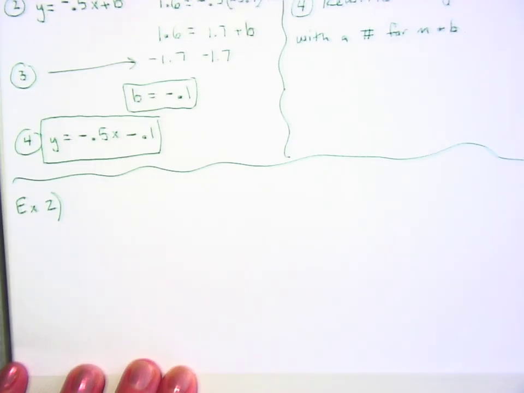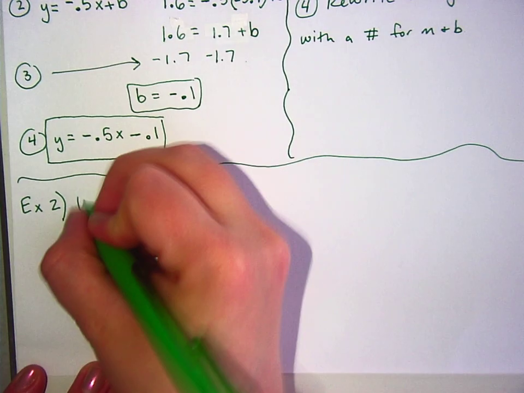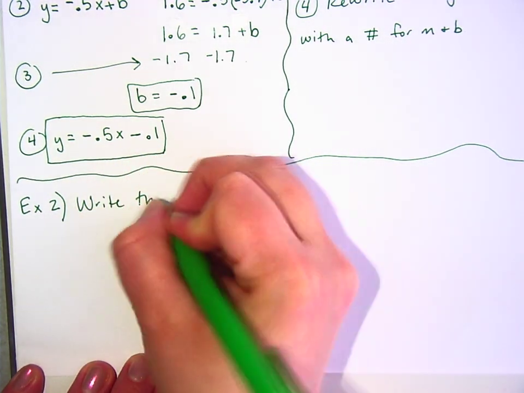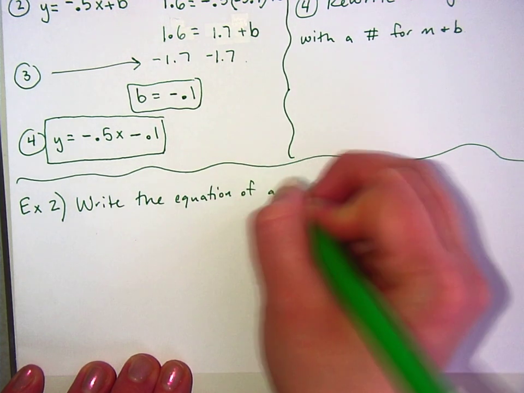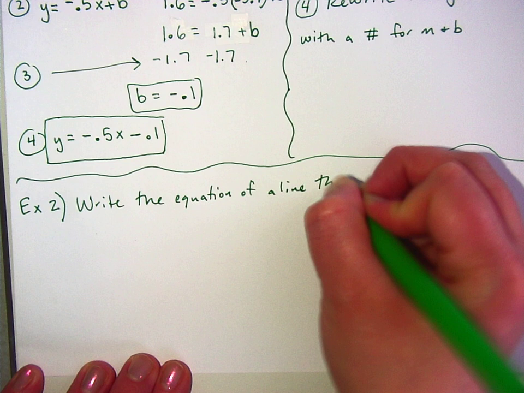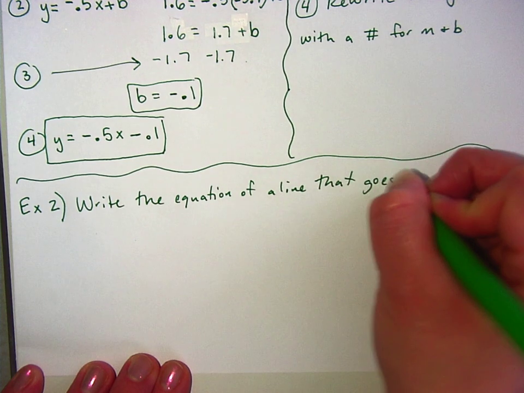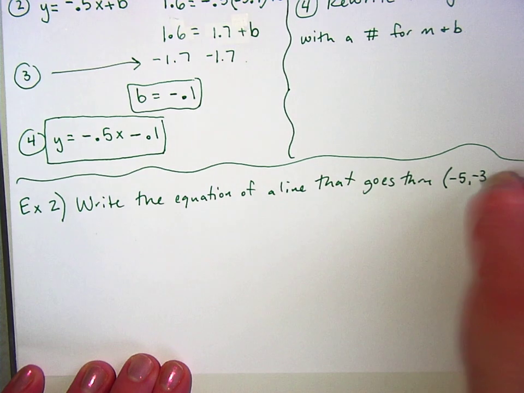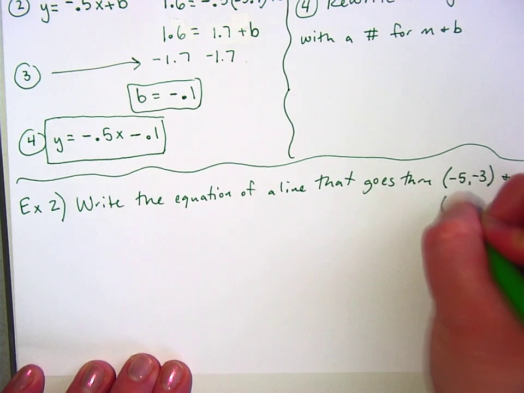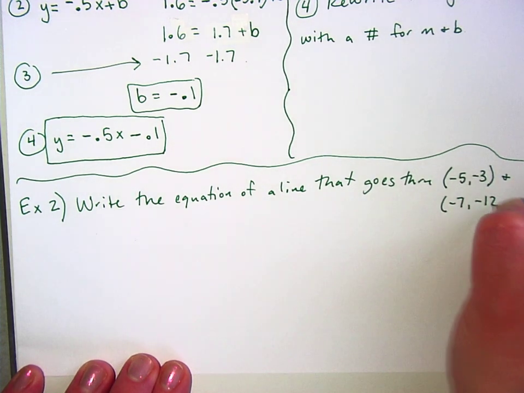Write the equation of a line that goes through (-5, -3) and (-7, -12).